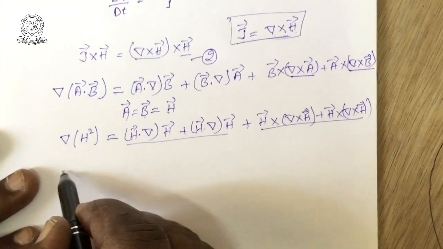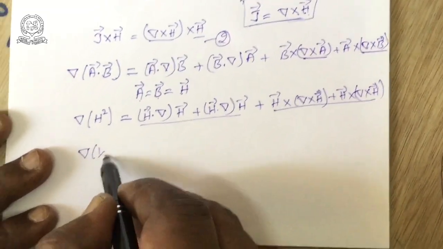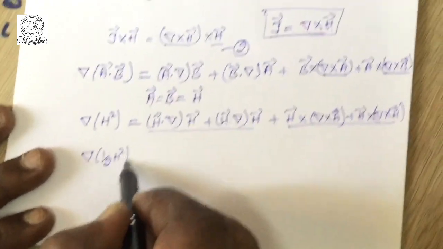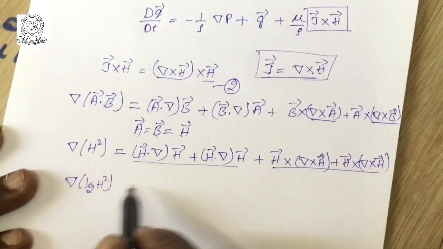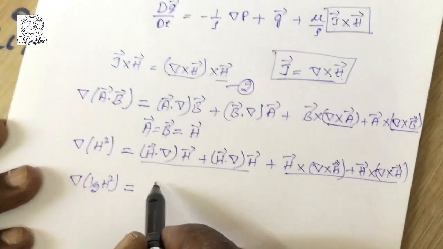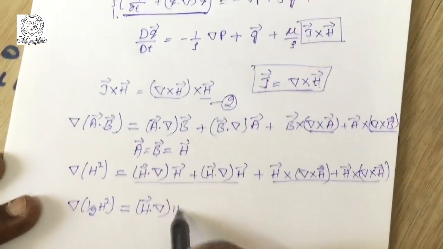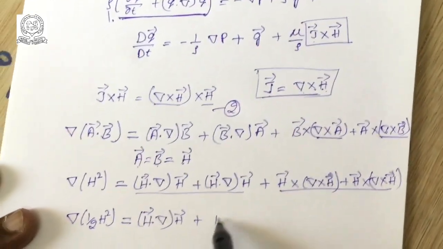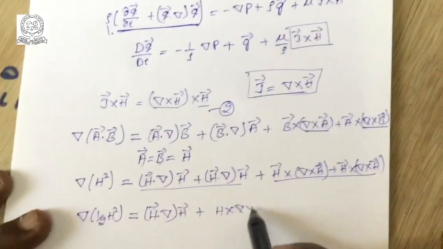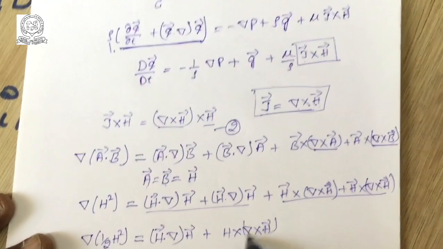Therefore, gradient of 1 by 2 H square, I am going to cross multiply the 2 times to the left hand side, is equal to H dot del of H plus H cross del cross H. Is it right?